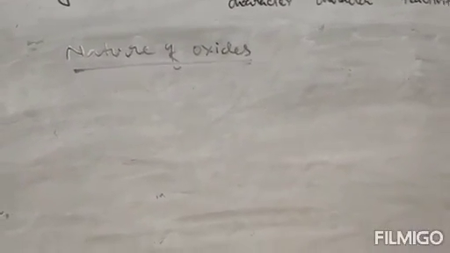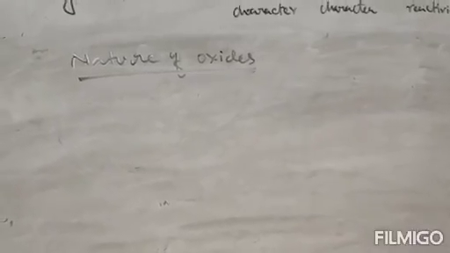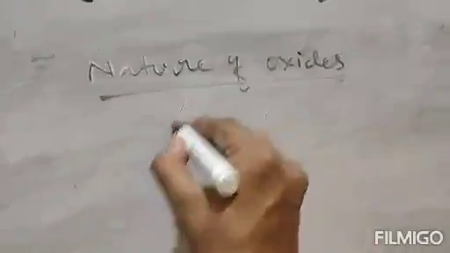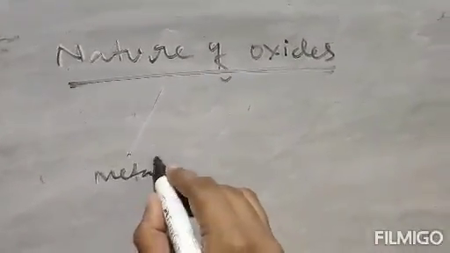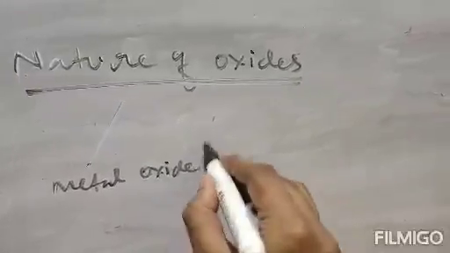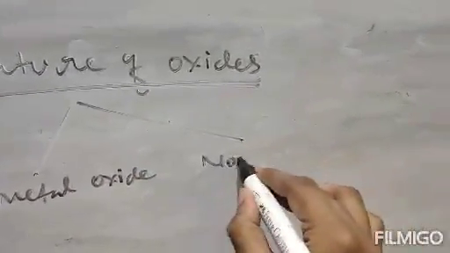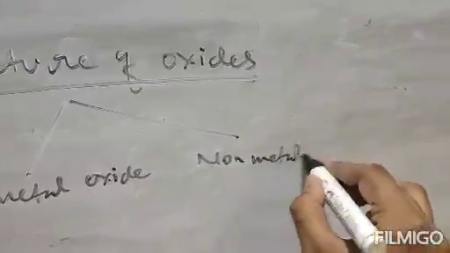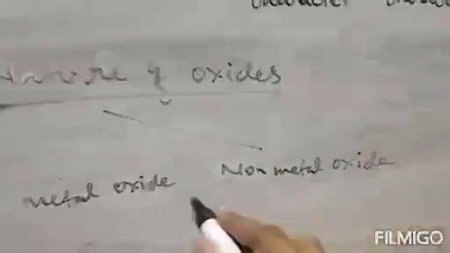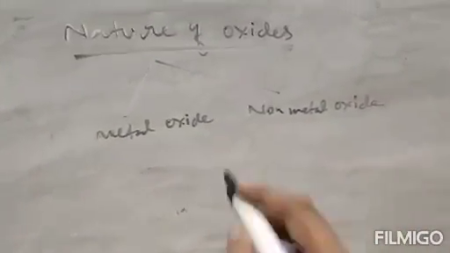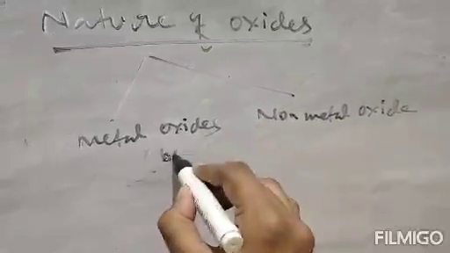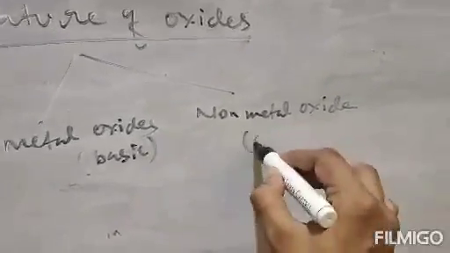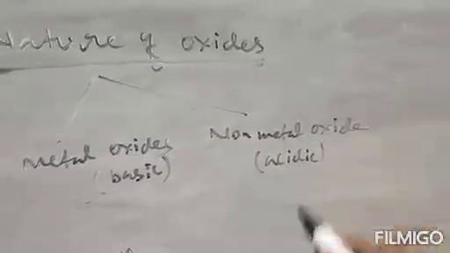There are two cases: metal oxides and non-metal oxides. Metal oxides are generally basic in nature, and non-metallic oxides are generally acidic in nature.